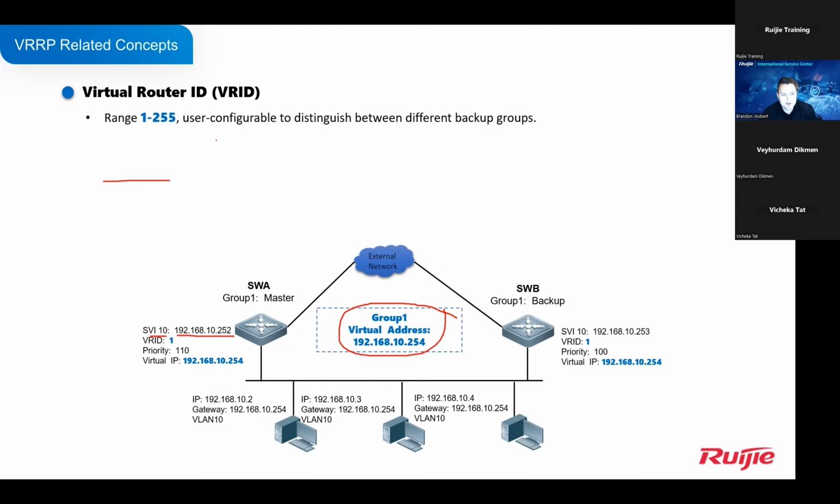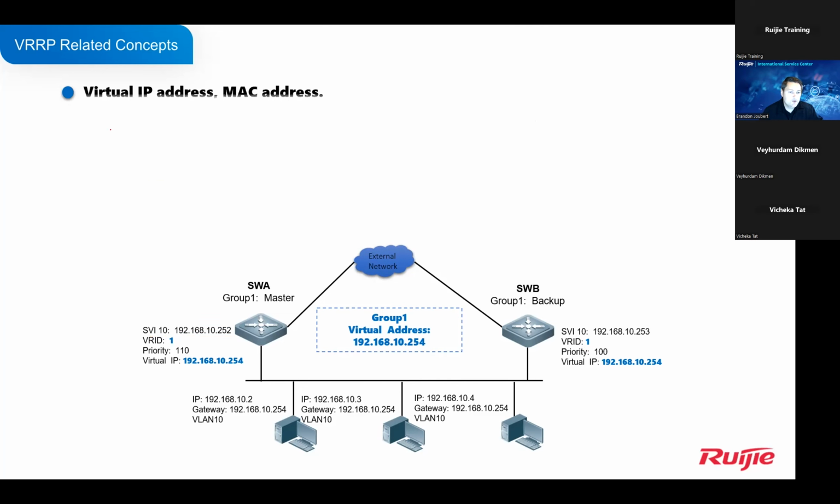You can only have 255, but I think that's plenty. I don't think there would be a network that we will work on that will exceed that amount. It's important to note that the VRID has to be the same for the switches or the routers to be considered as the same backup group.